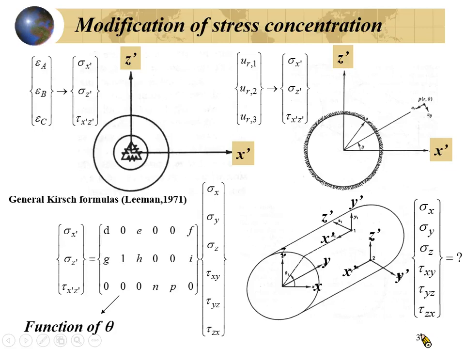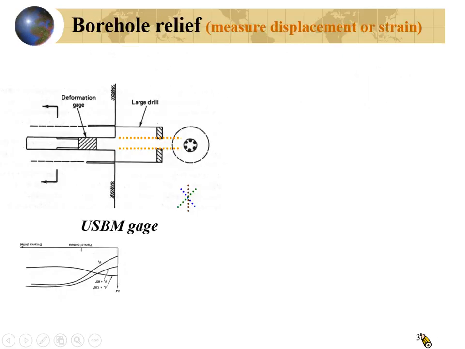So I will introduce you to the borehole relief. Usually the borehole relief is away from the tunnel wall to avoid any correction for the stress concentration. So this will be our only illustration.